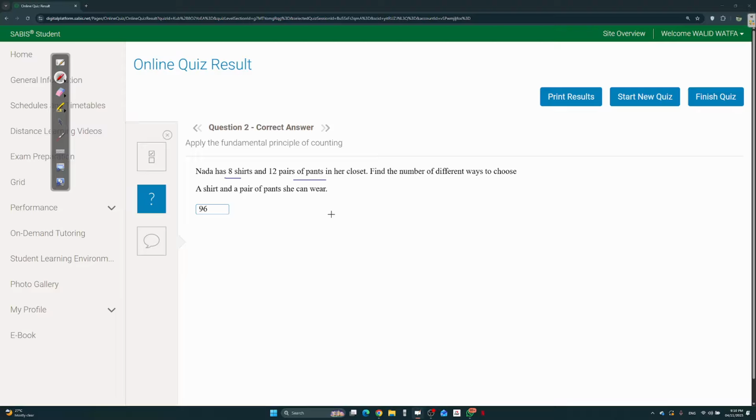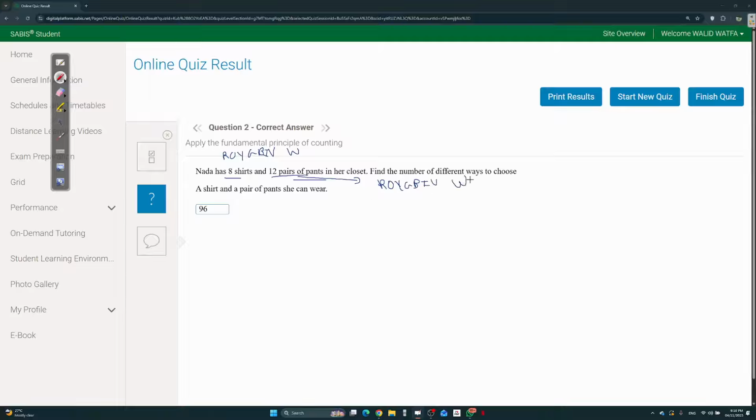But why? Basically because, let's say you have red, orange, yellow, green, blue, violet, indigo. This is 7, and let's add white. These are the 8 shirts, and let's add the pants. Let's also put red, orange, yellow, green, blue, indigo, violet, and let's just put white for fun.